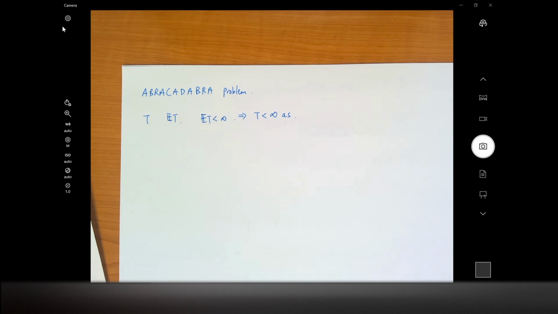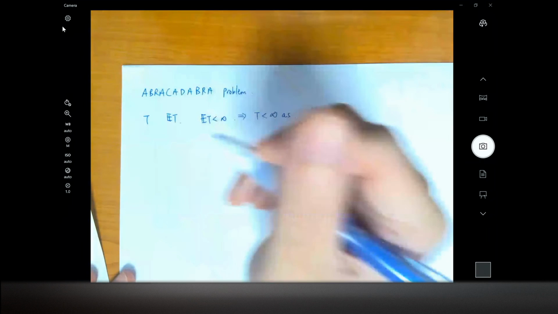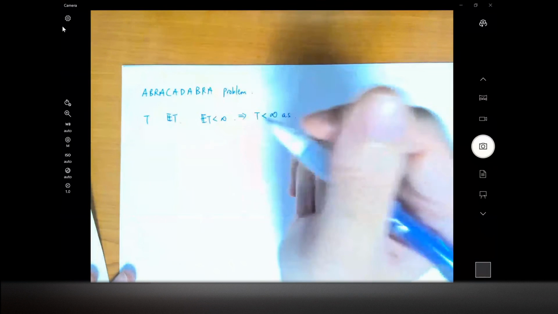So now let's try to design a martingale to solve this problem, making use of your optional stopping theorem. How to do this?